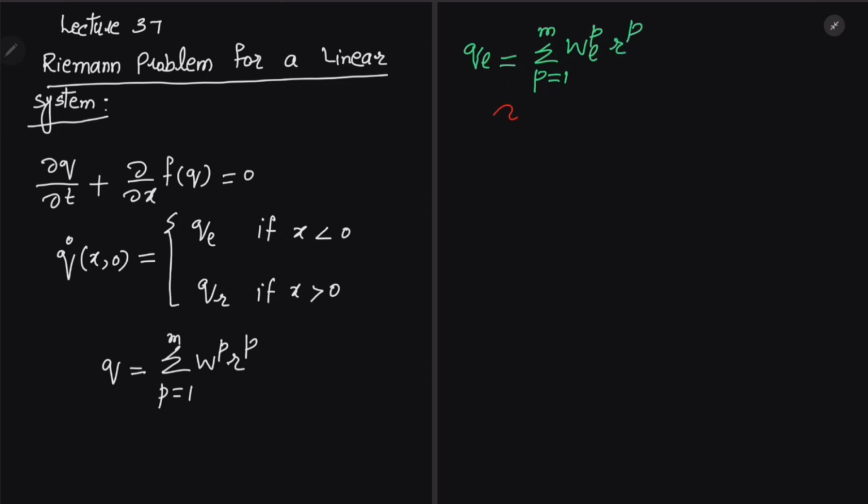Similarly, for the right side, q right is the sum over p equal to 1 to m of w_p^r r_p. That's how the solution changes.